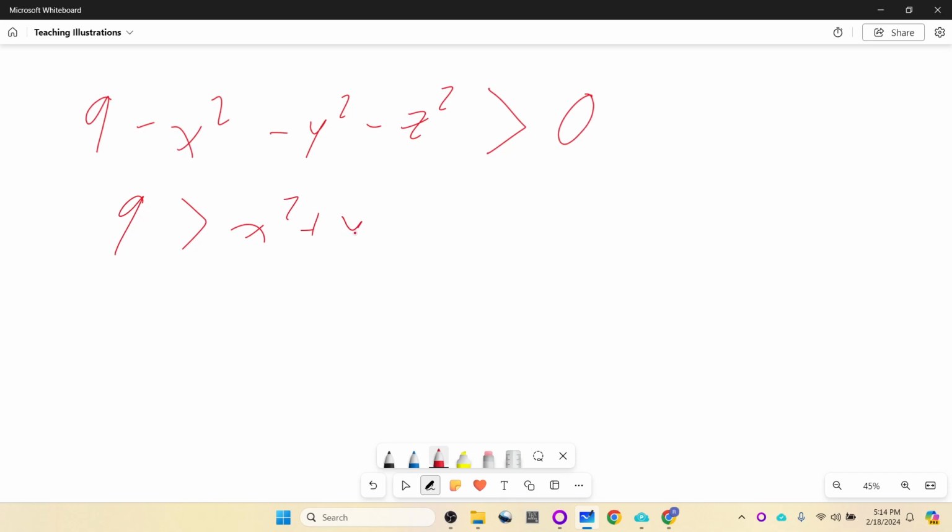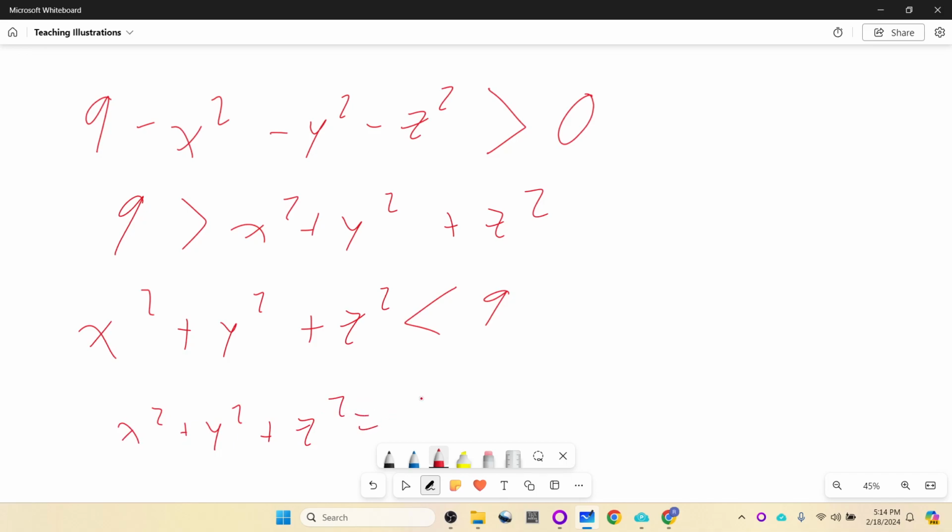So we say 9 minus x squared minus y squared minus z squared has got to be positive. Well, that's the same as saying 9 is greater than x squared plus y squared plus z squared, or vice versa: x squared plus y squared plus z squared is less than 9. If you did it equal, x squared plus y squared plus z squared equals 9, that's a sphere.